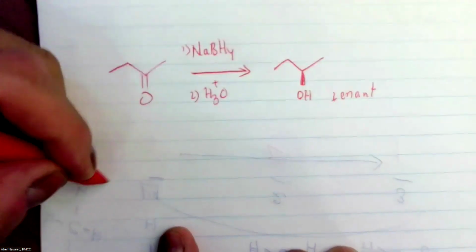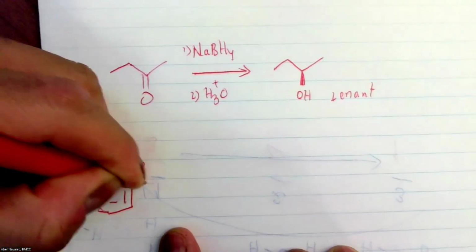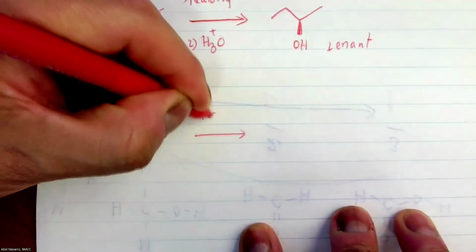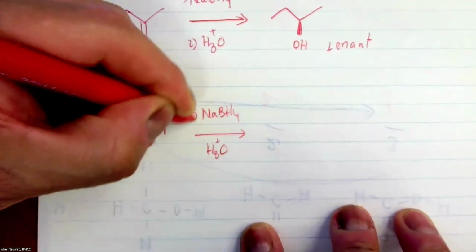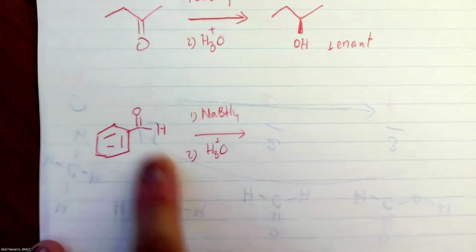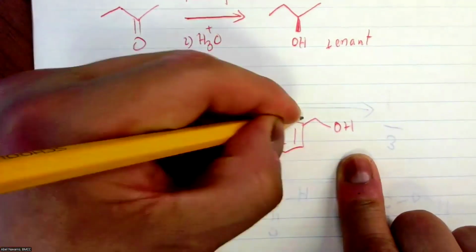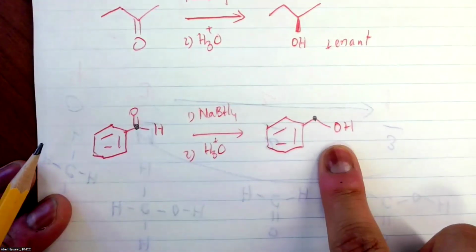What about if I have an aldehyde? Yes, you can also have an aldehyde. Aldehyde, sodium borohydride, H3O plus. That one gets reduced to alcohol. You see, this carbon is reducing the group to a primary alcohol.